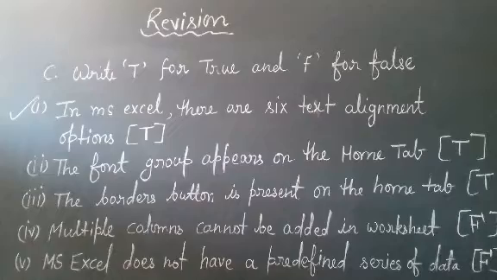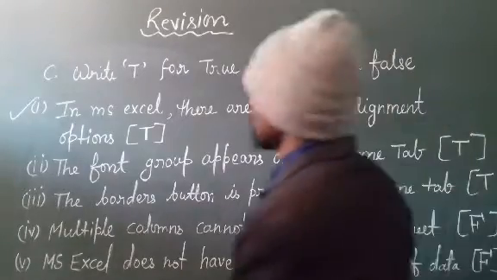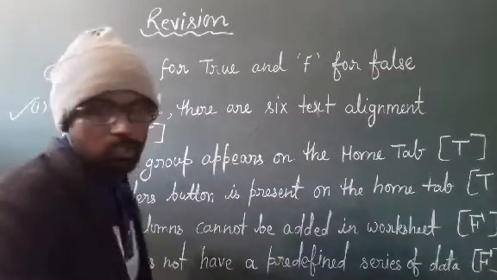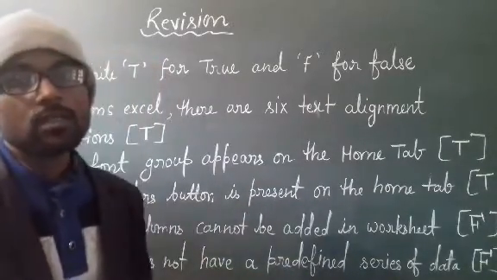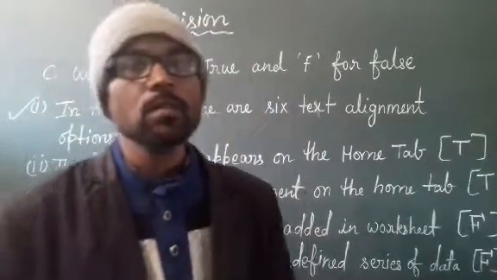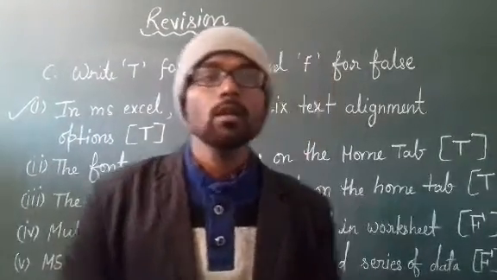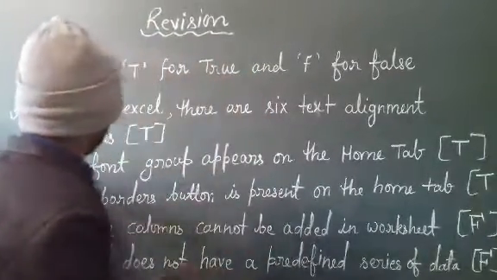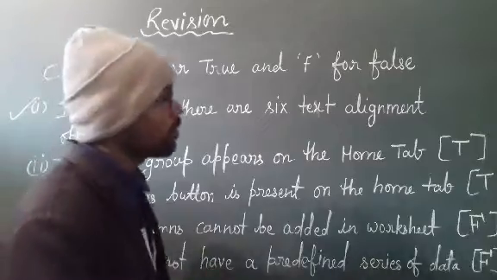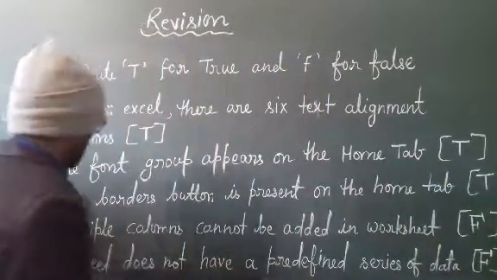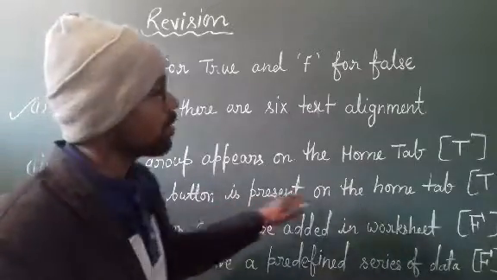Clear? Once again, listen to me carefully. In MS Excel, there are 6 text alignments: left, right, center, justify, top, and bottom alignment. The font group appears on the home tab. This statement is true. And the borders button is present on the home tab.